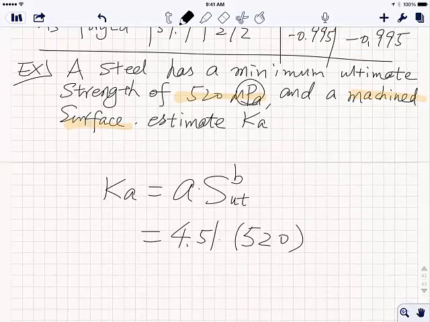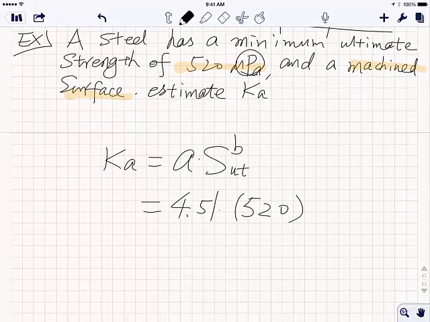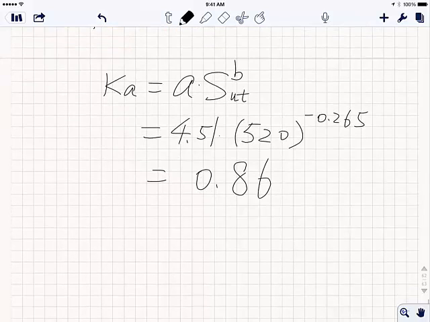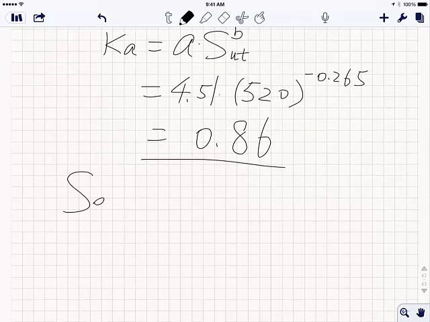Equal to 0.86. Okay, so most of the time, when you calculate your Ka, it'll be less than 1, right? Why is that? Se equals all your Ka, Kb, all the way to Kf, times Se prime. This is my theoretical endurance limit, but depending on your conditions, the modification factors are going to give you a more realistic value, right?